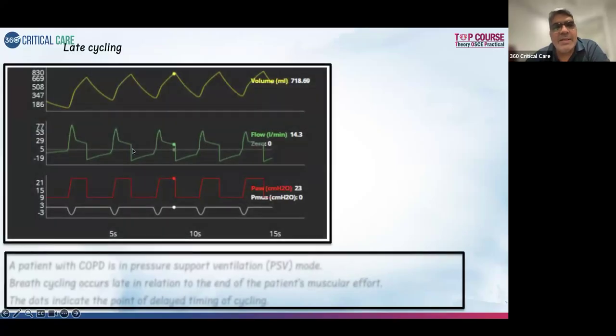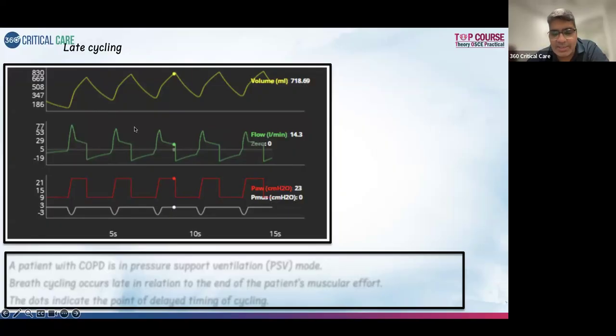Similarly, late cycling: you can see the flow waveform comes down and stays like that for a long time before getting into cycle to expiration. This is allowing a lot of time without cycling to expiration. The patient needs to expire here, but we have not allowed them to expire until this time.